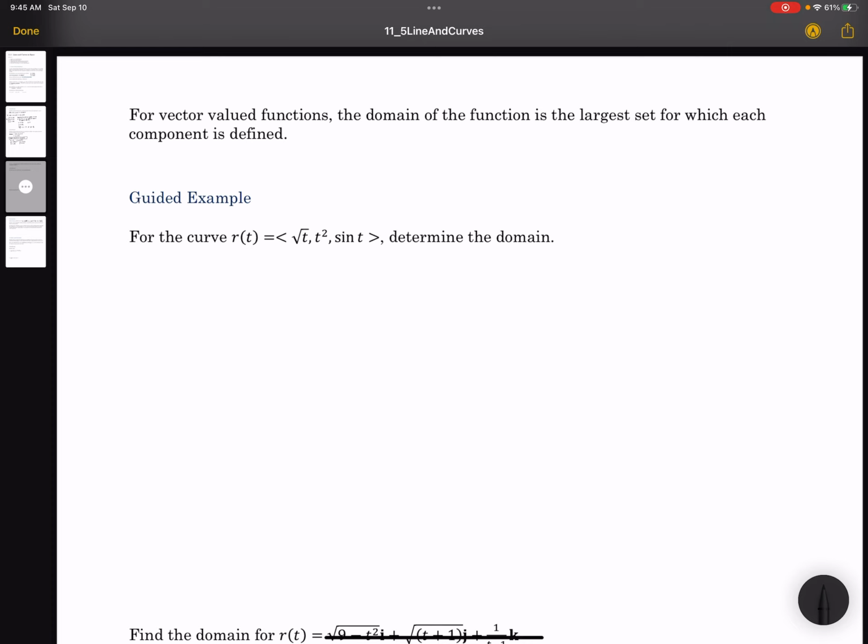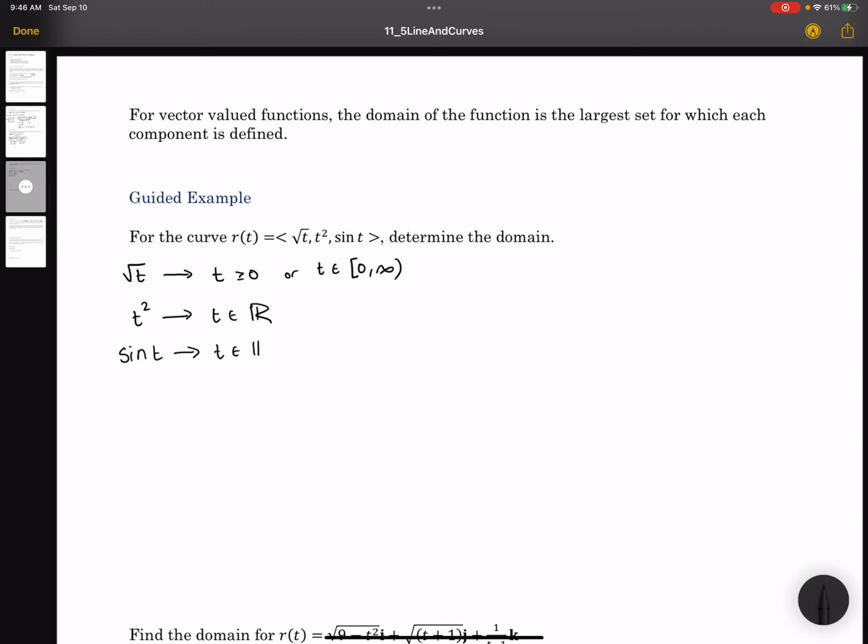So for this, we know for the square root of t, the implication is t has to be greater than or equal to 0, or that's the same as t is in the interval 0 to infinity. For t squared, t can be any real number, and the same thing for sine t.